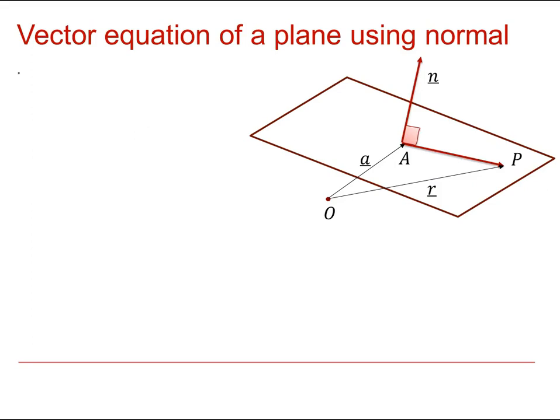So let's look at how we can use that idea to form the equation of a plane then. Here we've got a point A with position vector A and a general point P on the plane with vector R. So if the coordinates of P are x, y and z, then the vector R is just the vector x, y, z.